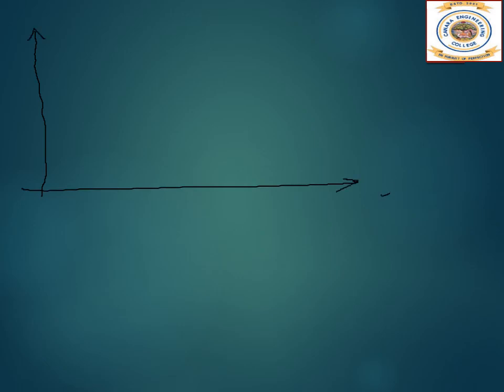If this is the time axis and this is your output response C of t, and this is the step input, then the response will be in this form. It will peak first, then it will slowly settle down at a steady value.